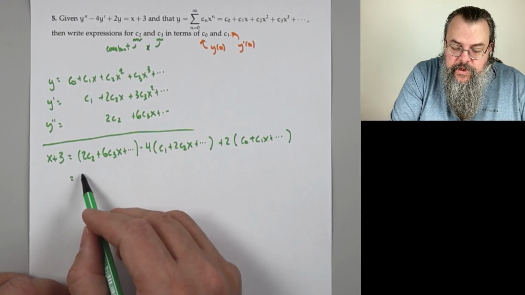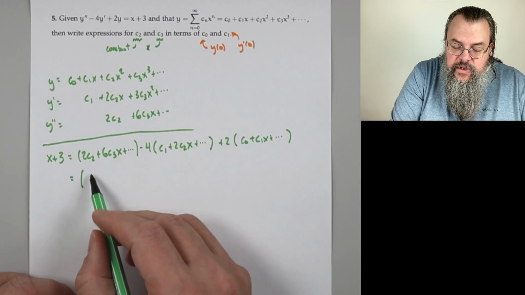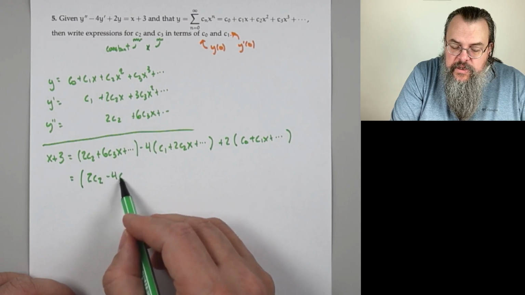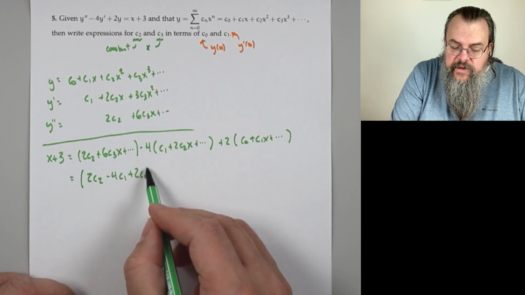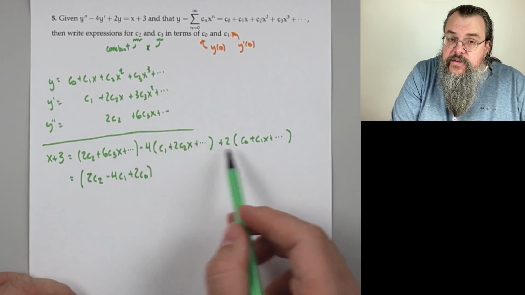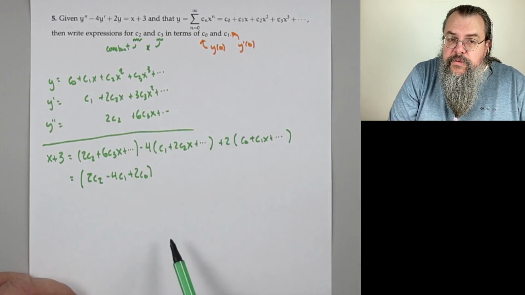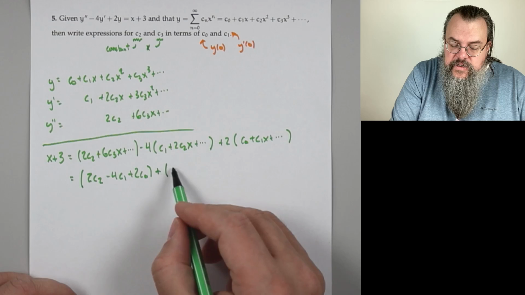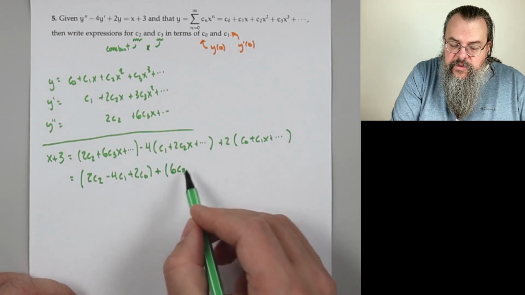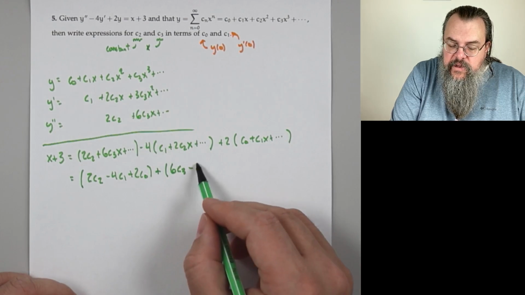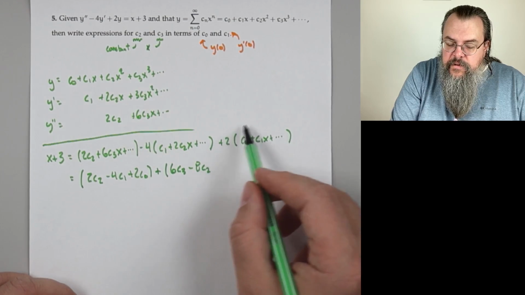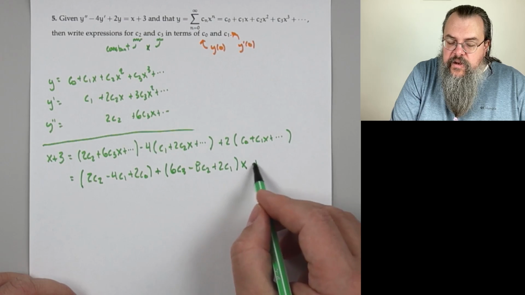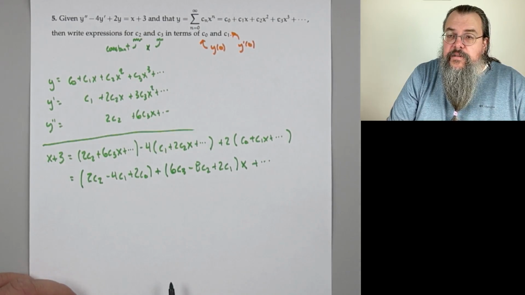So we now group. These are 2c2 minus 4c1 plus 2c0. That's it, I grabbed all the constants. Remember that these multiply through. Plus, now, the coefficients for x: 6c3 minus 8c2 plus 2c1 x, and of course everything else.